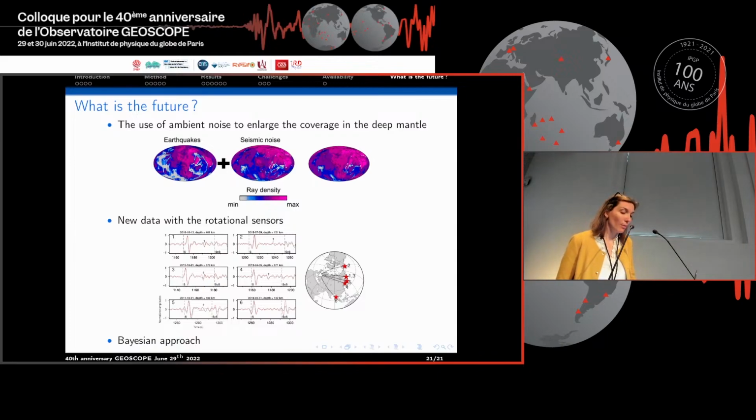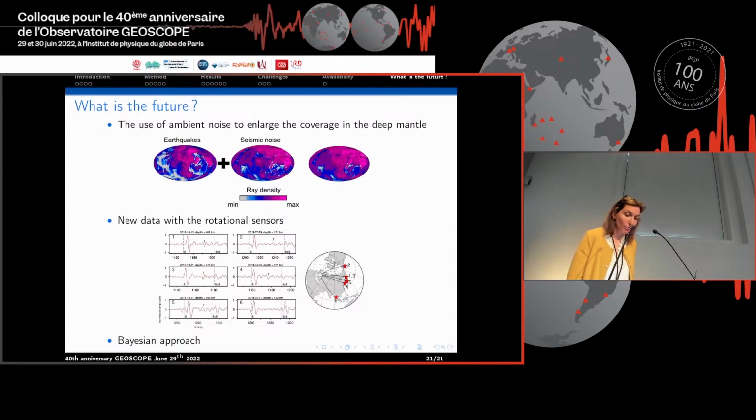The last point is more a methodological development, but we could also try to improve the way we make the inversion. There is a Bayesian approach that allows us to explore all the models, but it's very expensive, so at the moment it's not really feasible to do that at the global scale, but maybe in some years it will be.